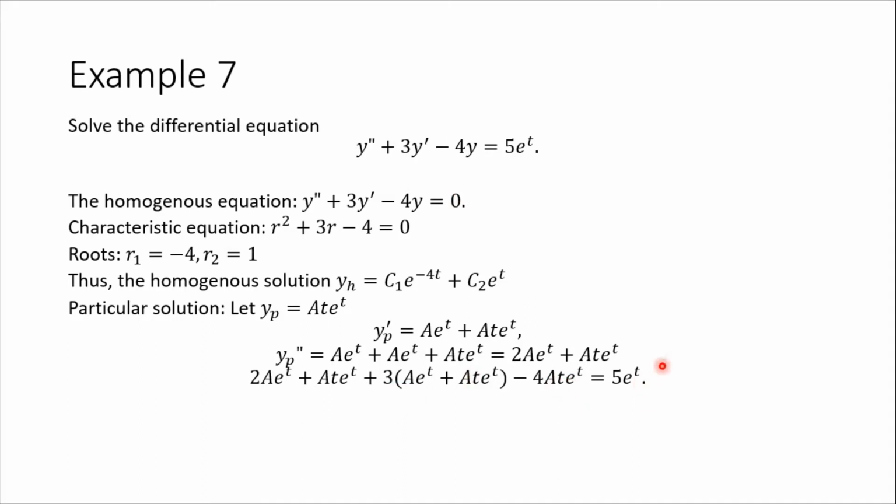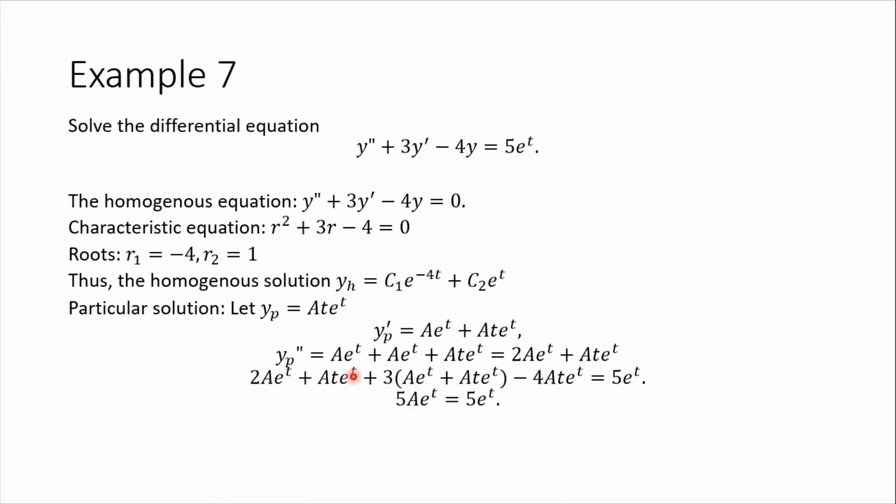And this is supposed to be equal to 5e to the power of t, 5 times e to the power of t on the right hand side. Okay, we can collect everything. Let's see, we can simplify first. So we have this 2a e to the power of t, 3a e to the power of t.